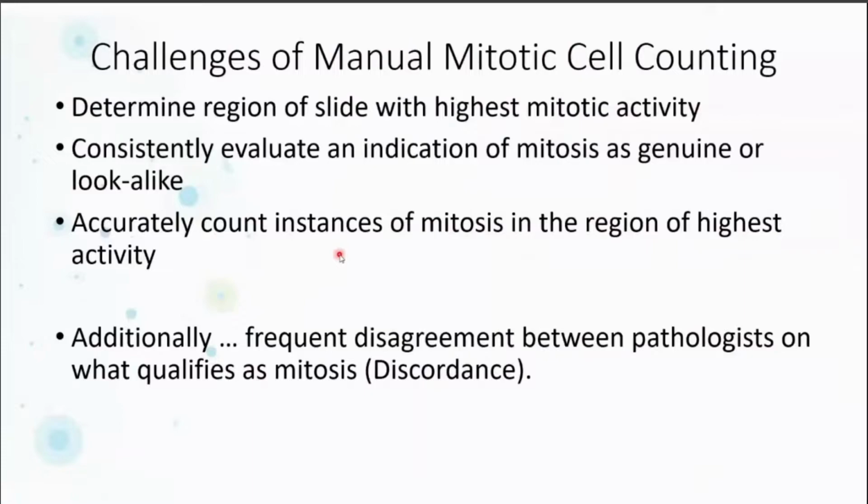And then consistently evaluating an indication of mitosis as genuine or lookalike. I know there's frequent disagreement between the pathologists on what qualifies as mitoses, and so that can be a challenge in the grading of the tumor. And then accurately counting instances of mitoses in the region of highest activity. So those are some of the challenges.